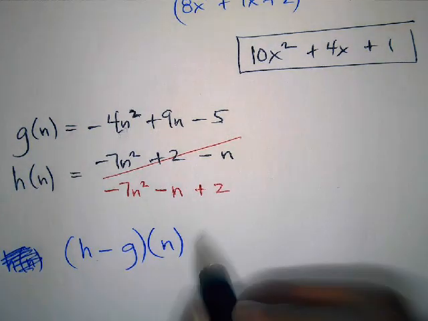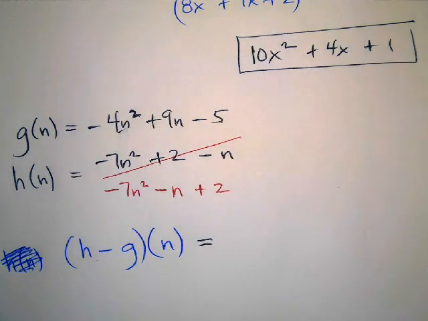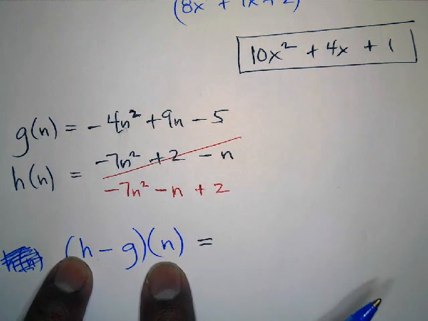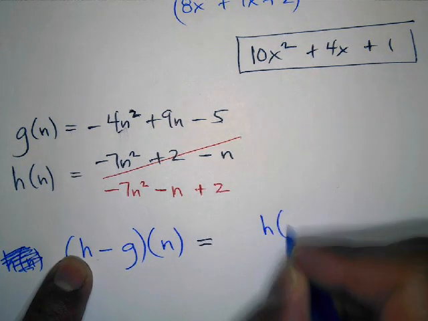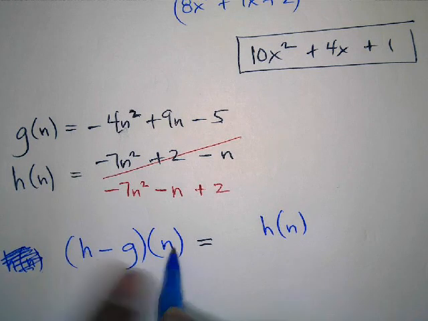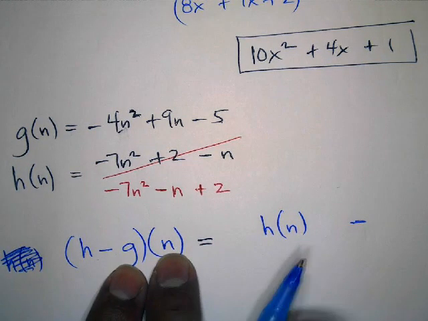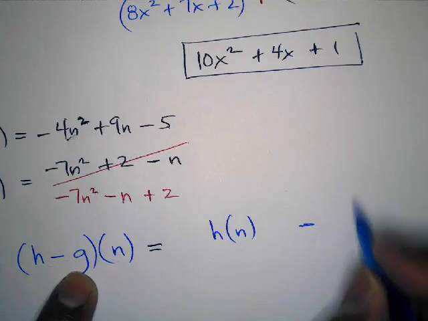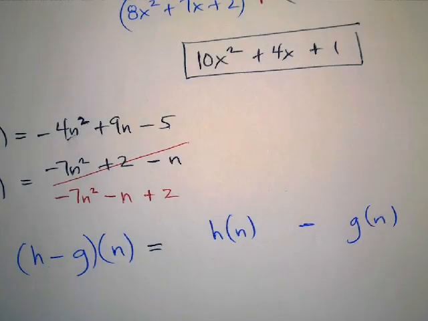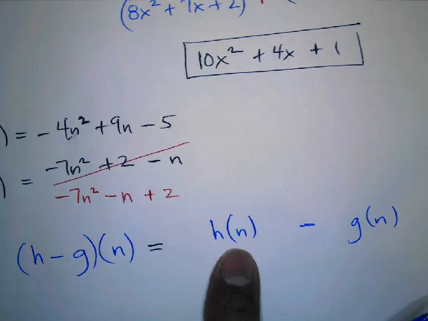You see, they could write it like this too. That's fine. So what does that mean? You've got to know what this means. It means the first function is h of n, minus the second function, g of n.